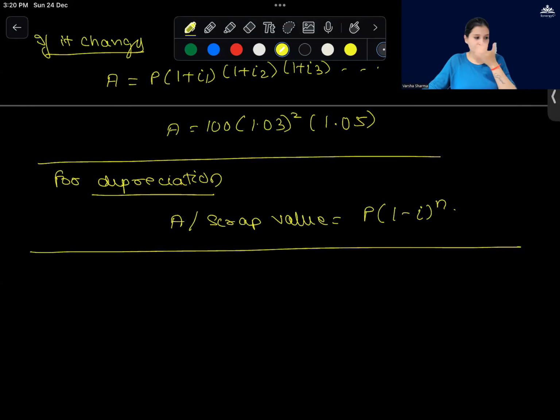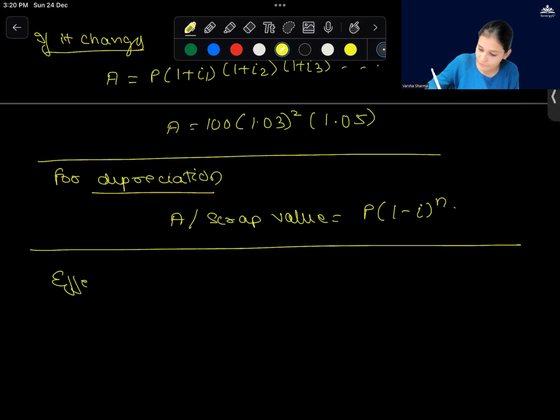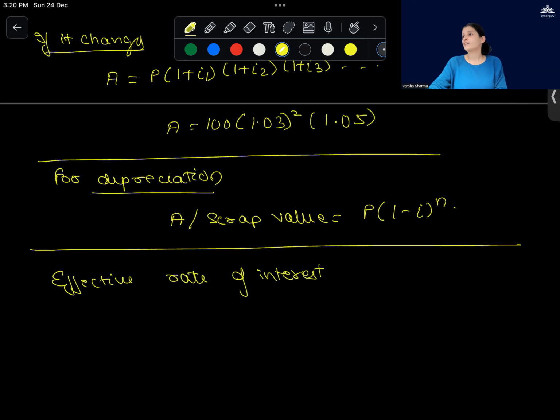Clear? Done? Then effective rate of interest. When do we use the concept of effective rate of interest? For example, if I have a half yearly rate or a quarterly rate and I want to find an equivalent annual rate. So if I tell you I have a 4% half yearly rate, this will give you an interest calculated twice within the same year.